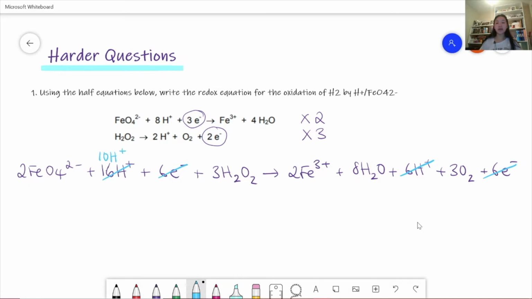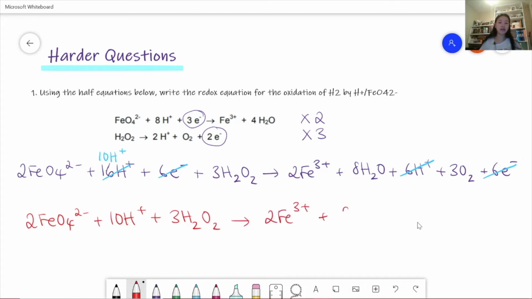And so the redox equation is actually 2 FeO4 2- plus 10 H+ plus 3 hydrogen peroxides, and then 2 iron 3+ ions plus 8 waters and then plus 3 oxygens. And this is the full redox equation.